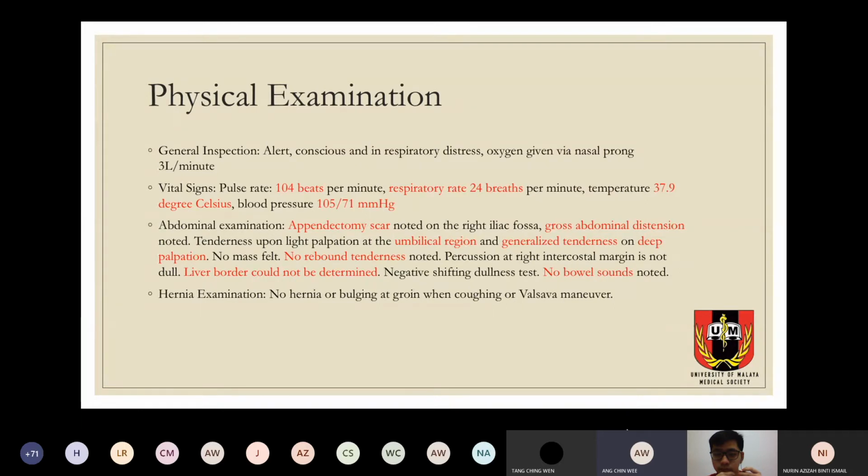Especially when the patient is in septic shock, they'll be in a resus room, and the resus room has all sorts of monitoring with all the beeping sounds. So you're not going to be able to hear the bowel sounds very clearly.